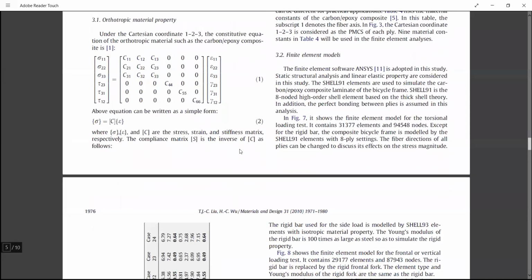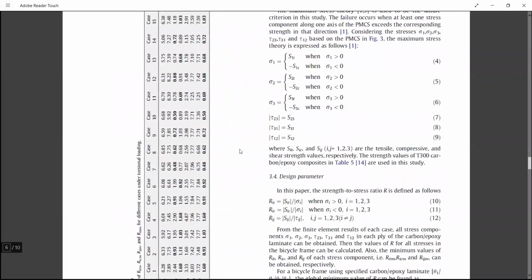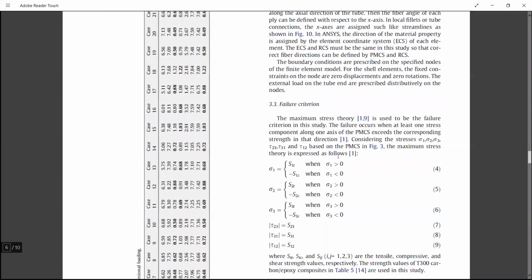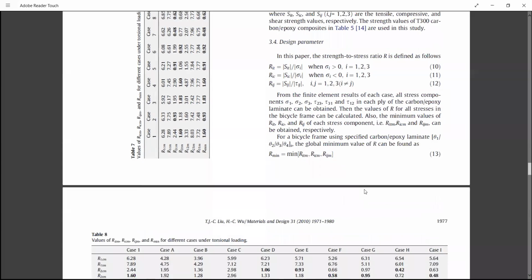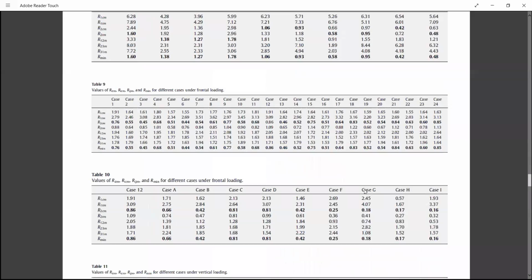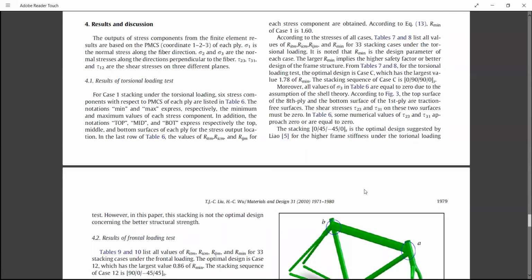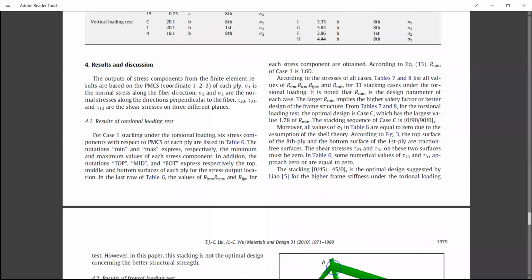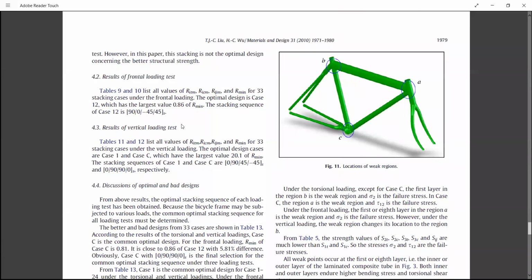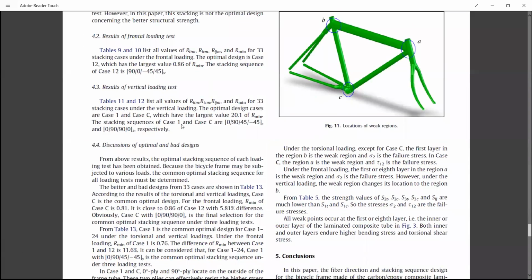Okay. So you have different failure theories for the composites as well that we'll discuss at a later stage. So basically what I'm trying to show you is they do different testing on this, like they apply different kinds of loads and arrive at the optimal stacking sequence and the orientations.